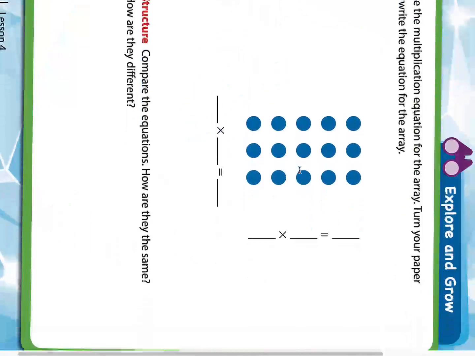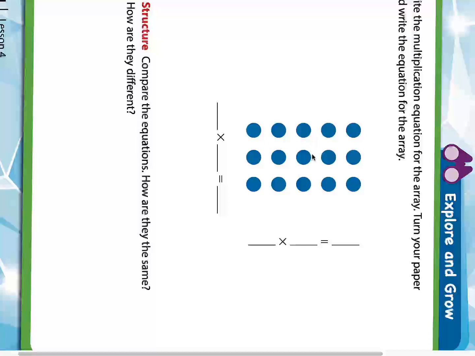Okay, if you turn the page like this, now you see here that this is 1, 2, 3, 3 rows. And how many columns? 1, 2, 3, 4, 5. And the number of all counters here is 15.